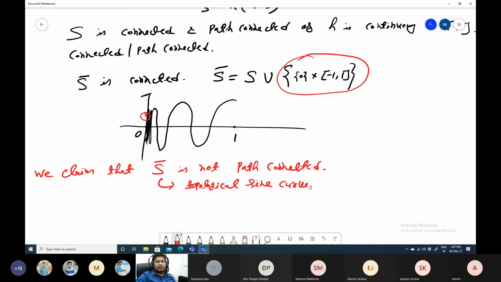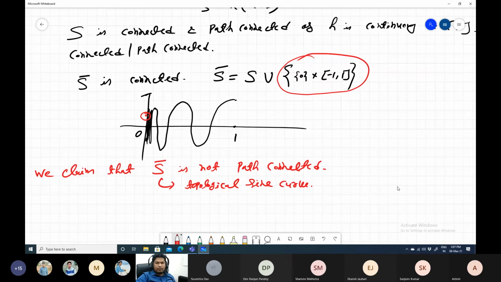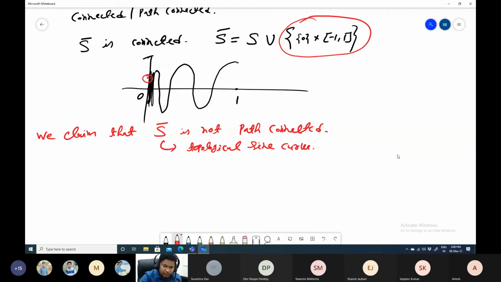So this is not path connected, we will prove. Now how to prove this is not path connected? First of all, we take this line and take the inverse image of that. Now that line, this is a closed set in R2, right?